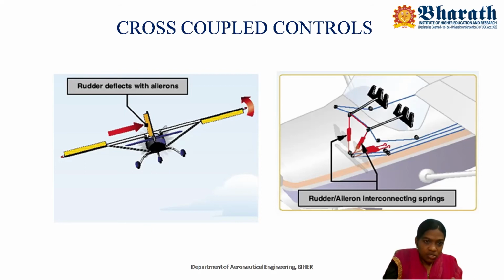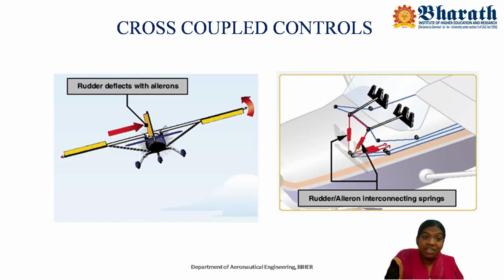So look at this figure. What happened to this left side wing? The left side wing moves down. So when the left side wing moves down, the aircraft will tend to yaw towards the right hand side wing. But what happened to the rudder?